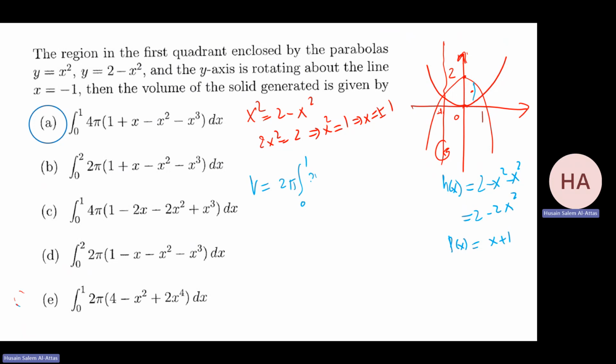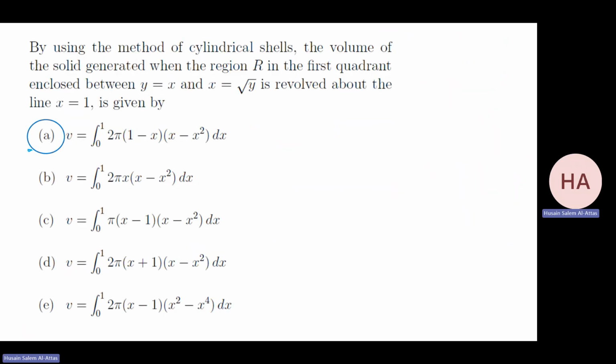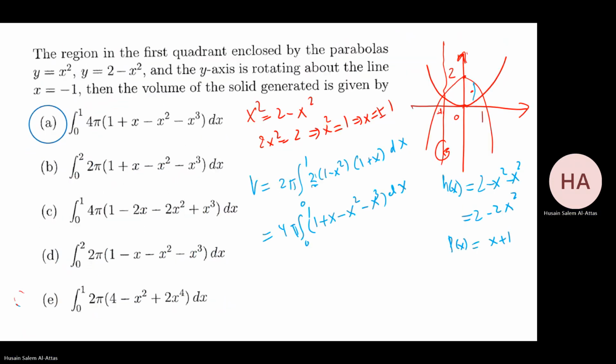I can write it as 1 minus x squared times 1 plus x dx. So I have 4 pi integral from 0 to 1, I take the 2 outside, of 1 plus x minus x squared minus x cubed dx, which is this one.